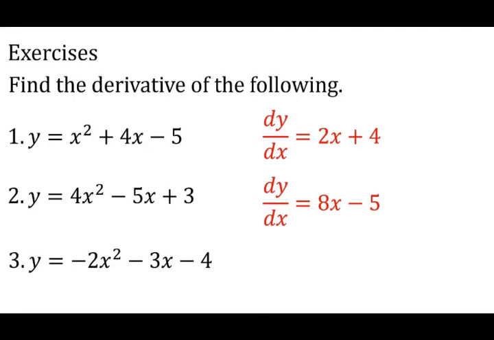Okay, the answer is dy over dx equals negative 4x minus 3. Okay? I'll send this presentation in our group chat.